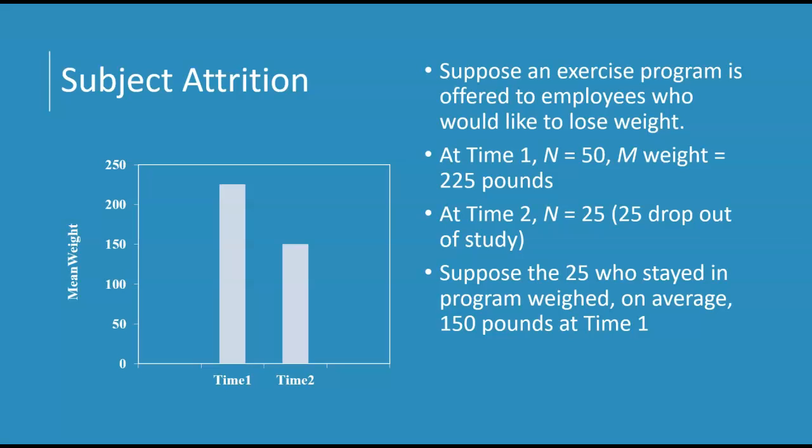You might at first glance say, wow, that's a huge weight loss. This is a really effective program. Well, like I was saying earlier, if the exercise program is intended to help people lose weight, it may be seen as a struggle. It may be seen as aversive. It may be seen as painful. So if you lose half your participants, the ones that remained may have already been healthier.